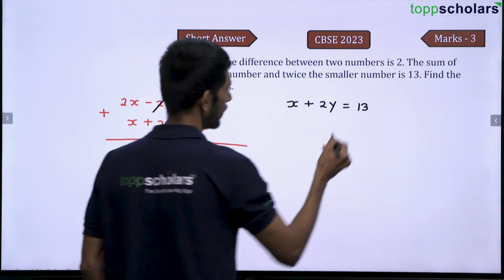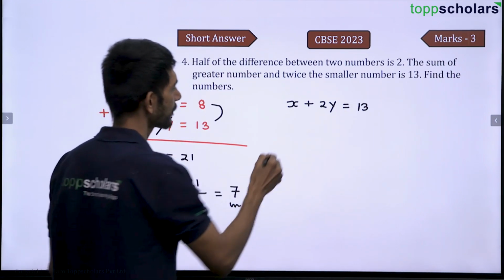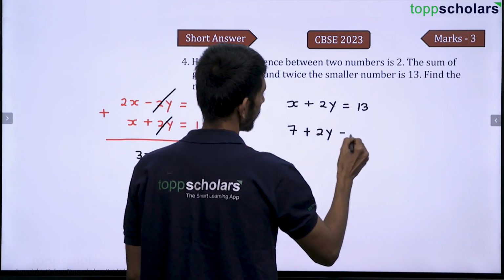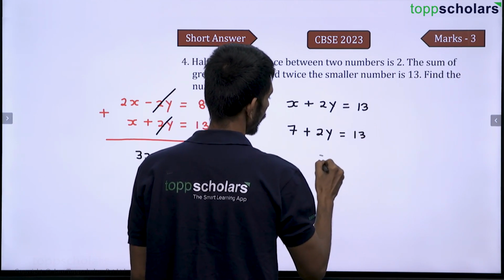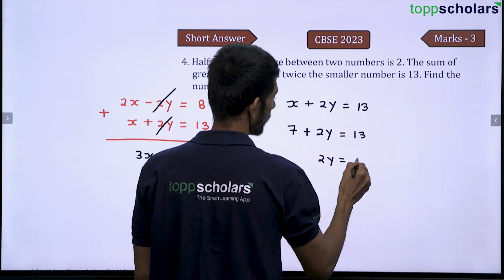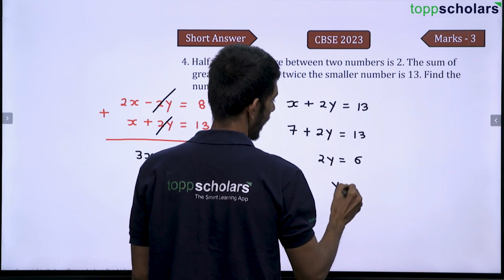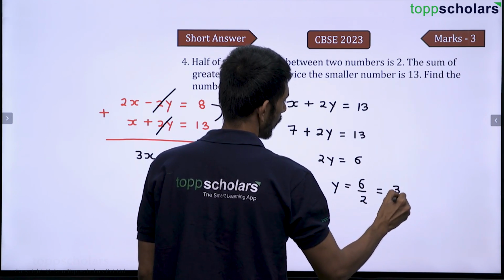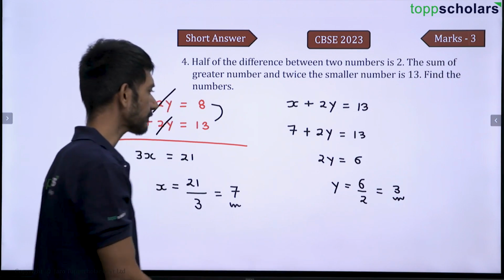Put x as 7. So 7 plus 2y is equal to 13. So 2y will be equal to 13 minus 7, that is 6. So y will be equal to 6 by 2. y will be equal to 3.